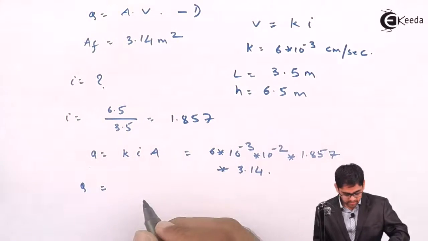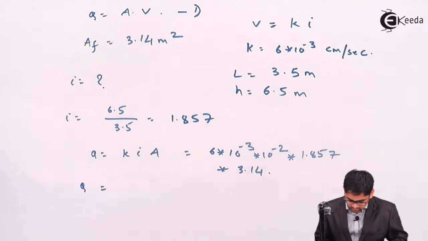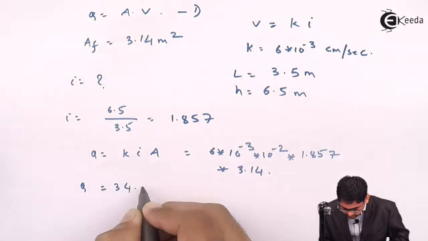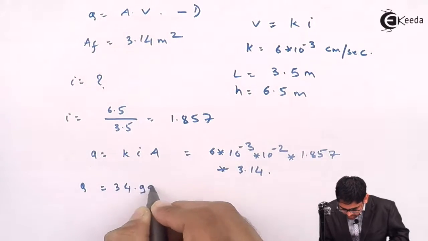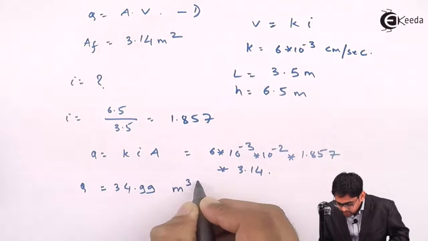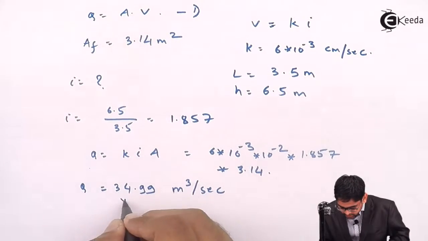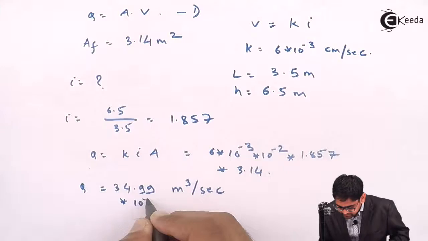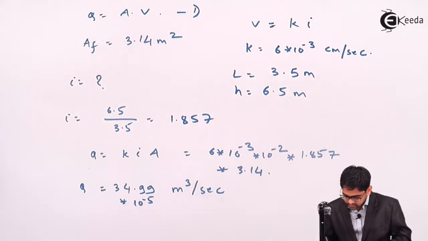So Q will become 6 into 1.857 into 3.14. You'll get Q equal to 34.99 into 10 raised to minus 5 meter cube per second.